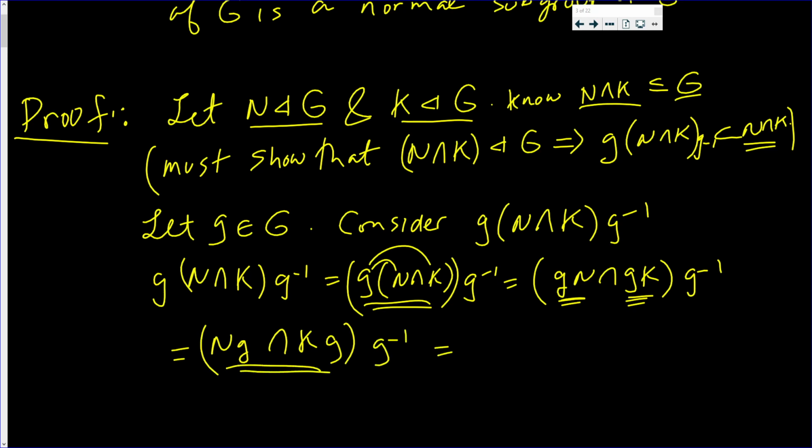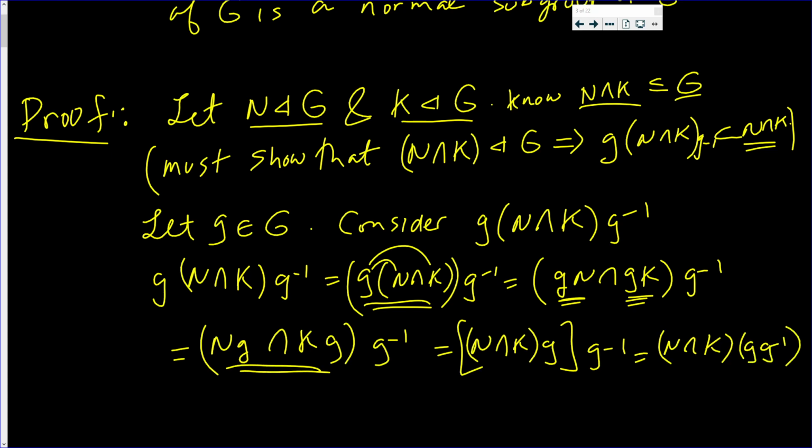But this here is the same as N intersect K times g g inverse, which is N intersect K times e, and N intersect K times e is N intersect K.